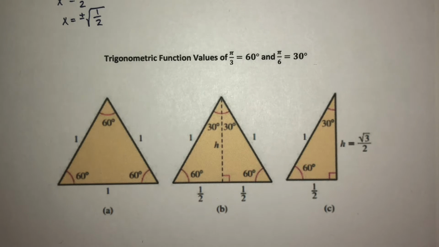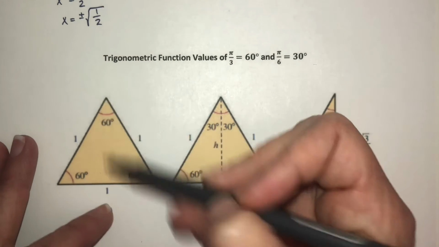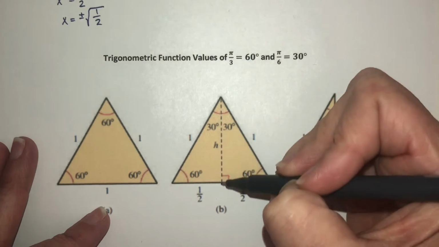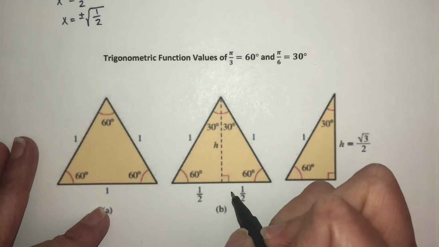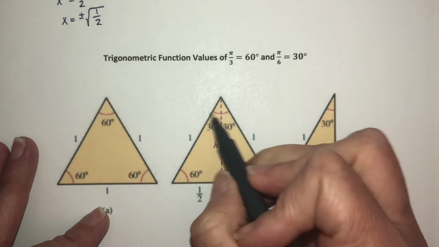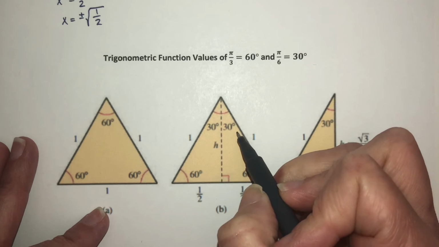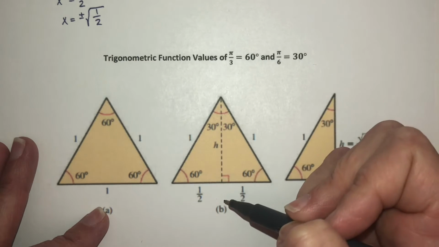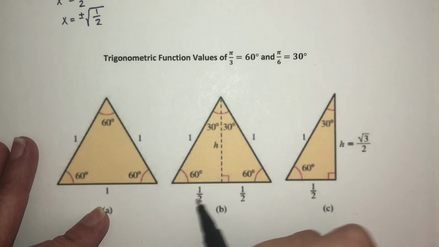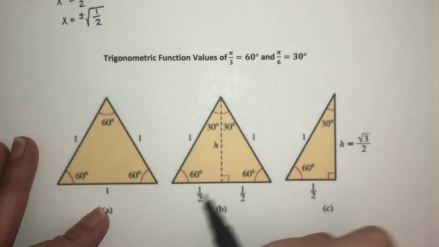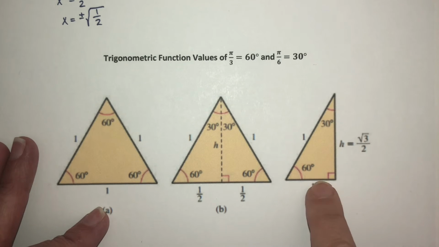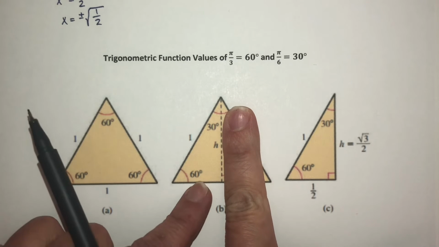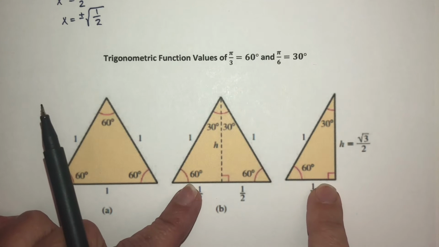Now, if I take this equilateral triangle and I drop an imaginary line from the top down to the bottom so that I make a right angle, that cuts this top angle into a 30-degree and a 30-degree angle. h is the height of the triangle, and it splits the bottom into 1/2 segments. And now right here, all we've done is we've taken that part off, and we're talking about this one little right angle.